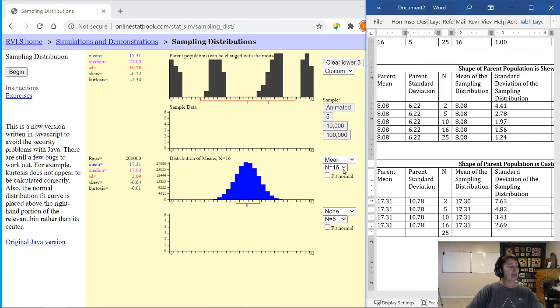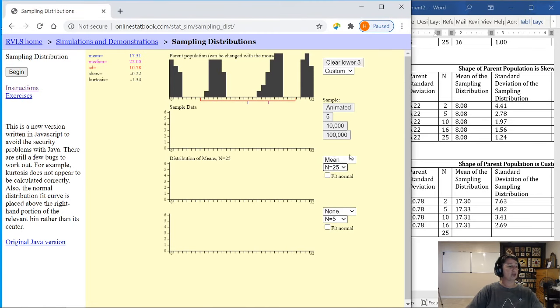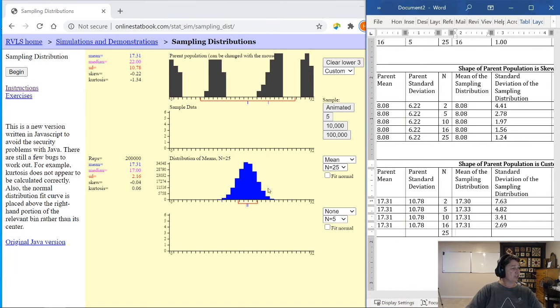Then, one last time, let's make a really large sample size of 25. Do that a couple of 100,000 times where I pull out that data and find the sample means. So notice that the mean of this sampling distribution is still the same as its parent, but the standard deviation of this sampling distribution has gotten even smaller.